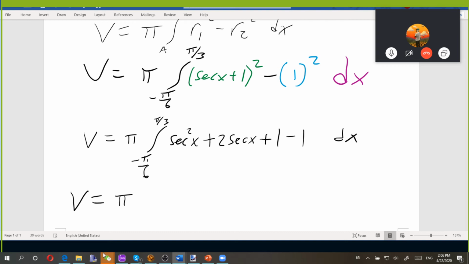If I derive cotangent, I get negative cosecant squared. So we're a little bit closer. Tangent. Tangent, there we go. If I derive tangent, I get secant squared, so working backwards.